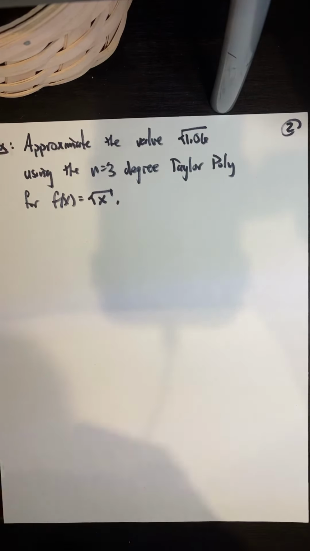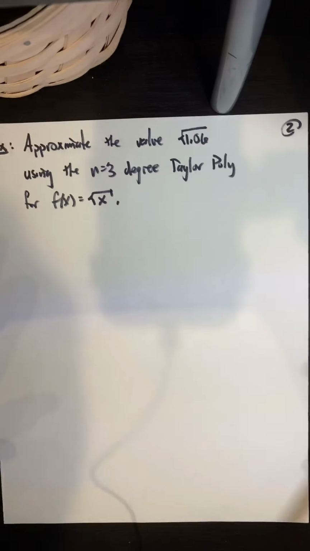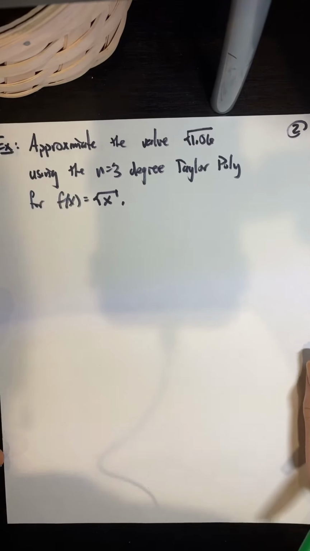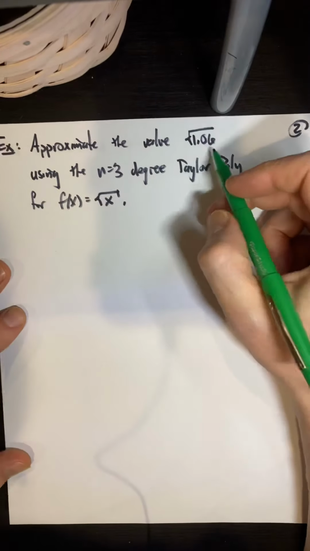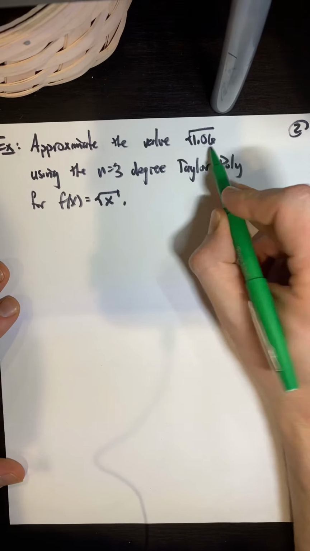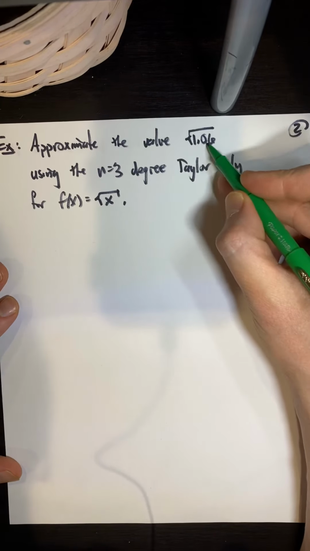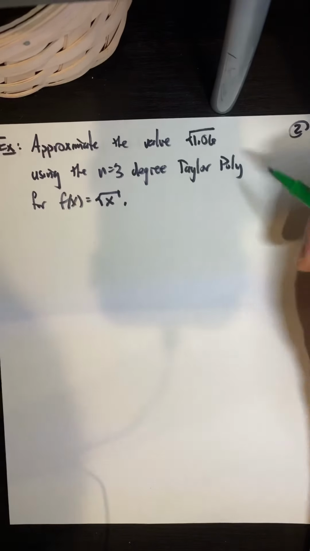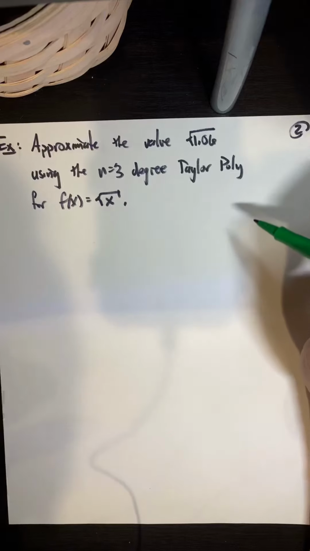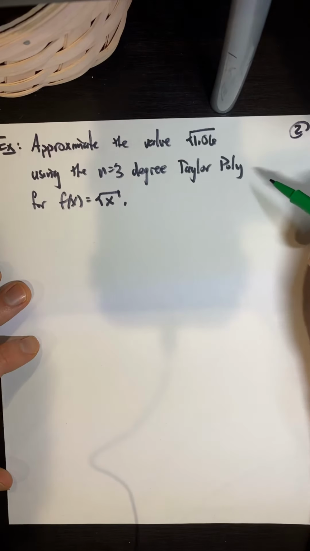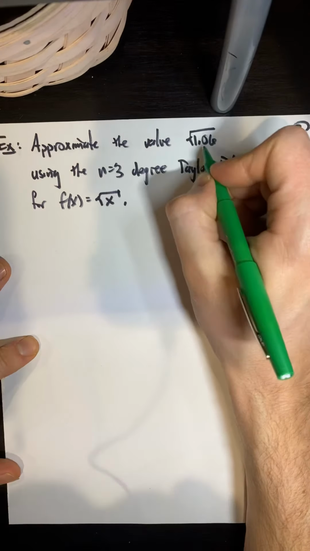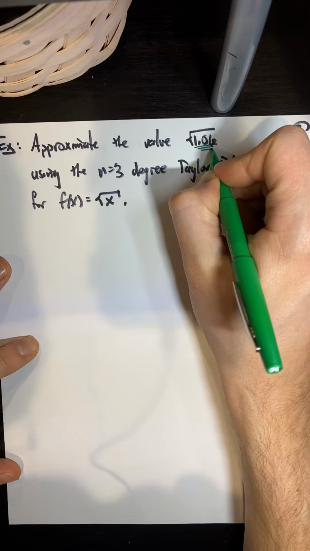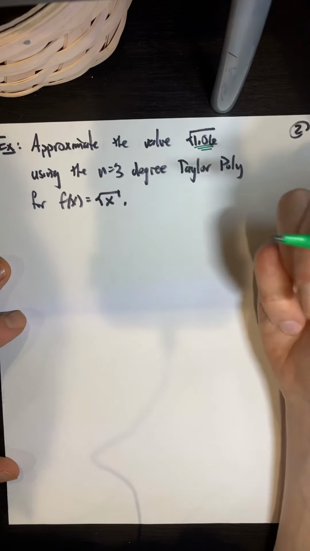So first, let's look at the question here. It says, approximate the value, the square root of 1.06. I mean, all of us probably have to use a calculator to get the exact value of this thing. But we can actually use a Taylor polynomial. And in this case, I want to use the third degree Taylor polynomial to approximate this value. So the first thing we want to notice is, this number 1.06 is close to 1.